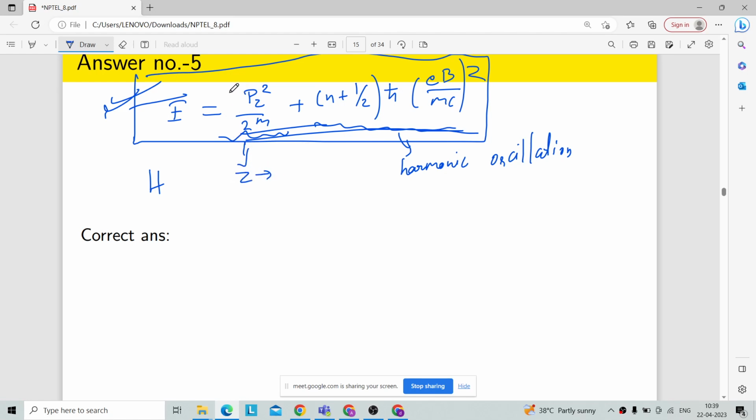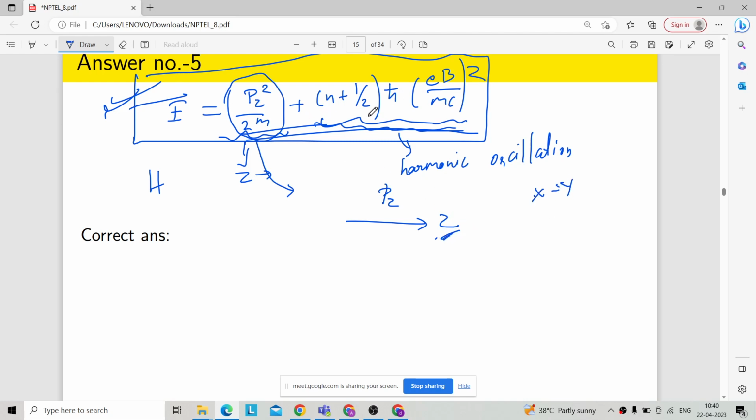So this term is telling me that the particle is moving in z direction with momentum pz, and this part is showing me that this is behaving as a harmonic oscillator. So how does the harmonic oscillator behave? I am stuck with the other two variables x and y. So it is moving in z direction.